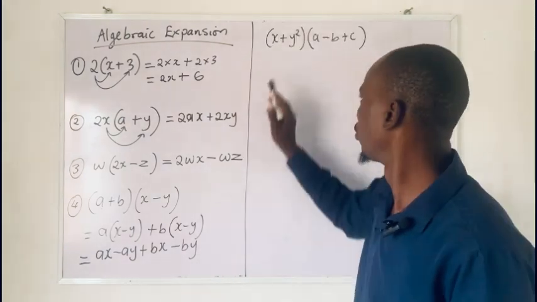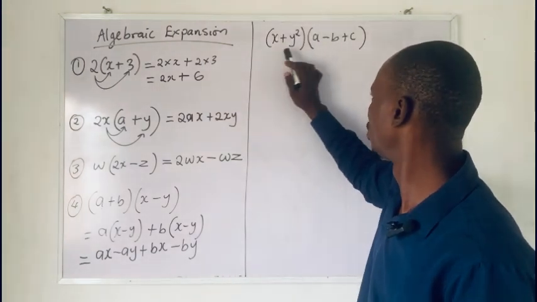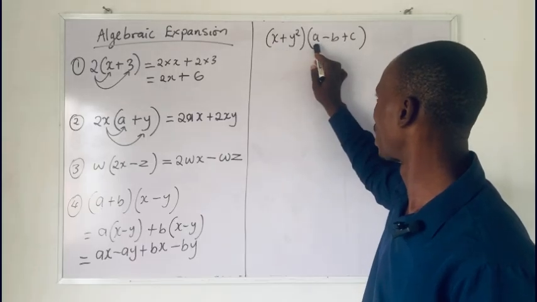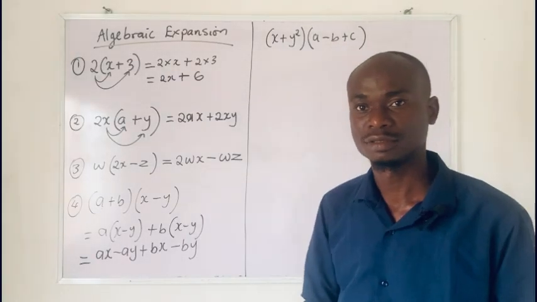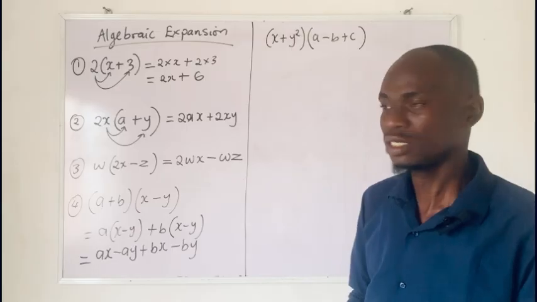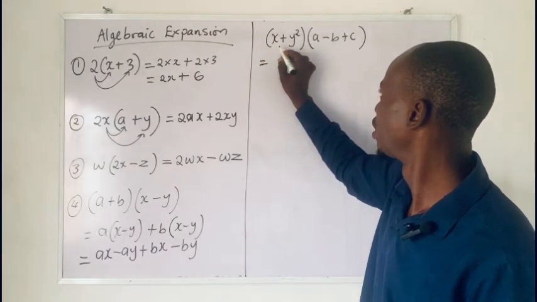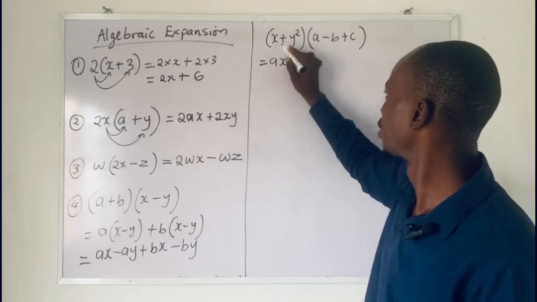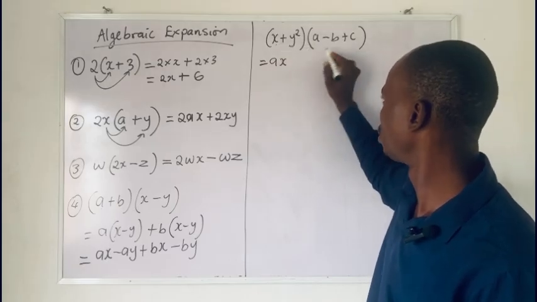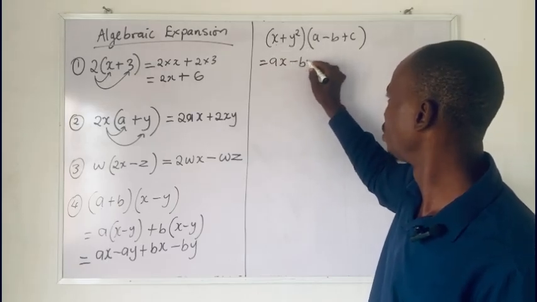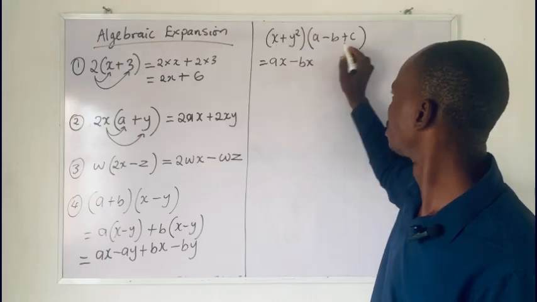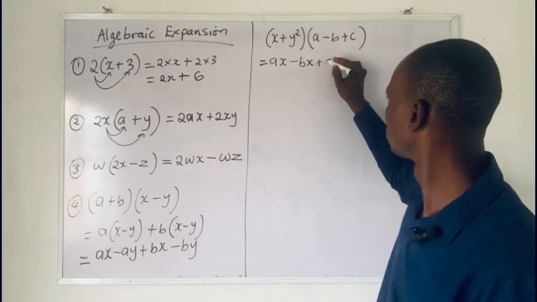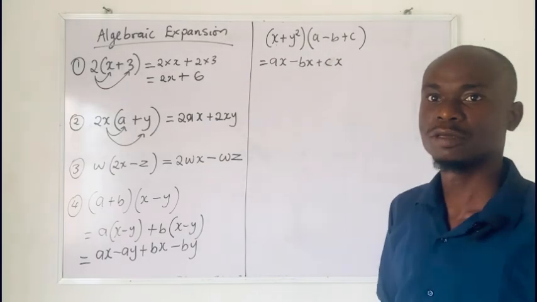Like I said, each of the terms in the first bracket will multiply everything in the second bracket. So with that in mind, this will give me x times a, ax, x times minus b, minus bx, x times c, plus cx.